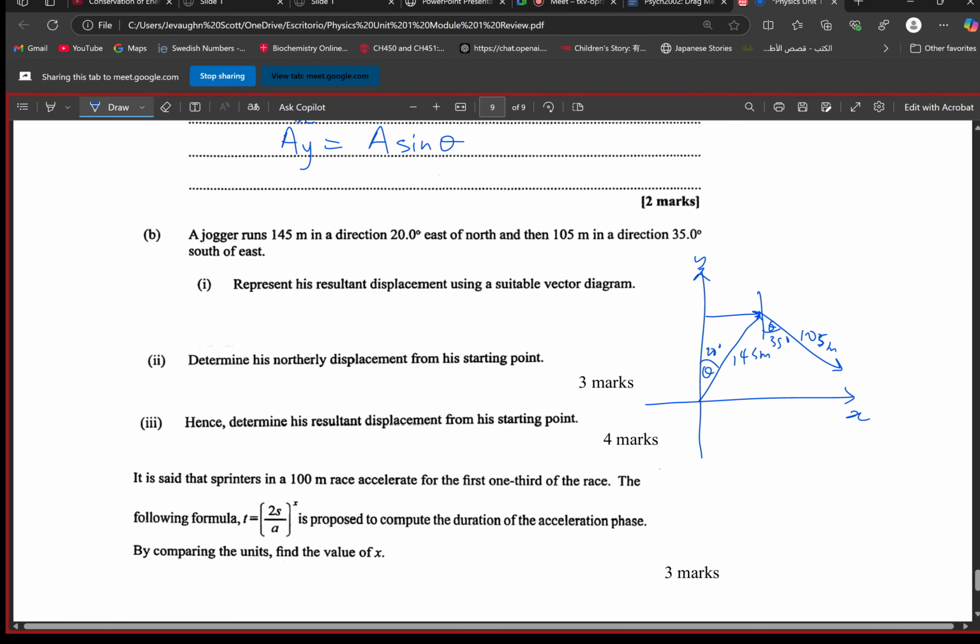That should be fine. We're asked now to determine his northerly displacement and then his resultant displacement. Are there any issues so far?